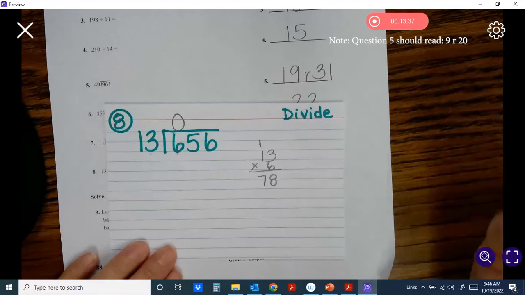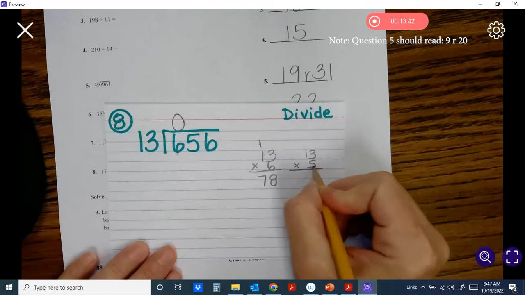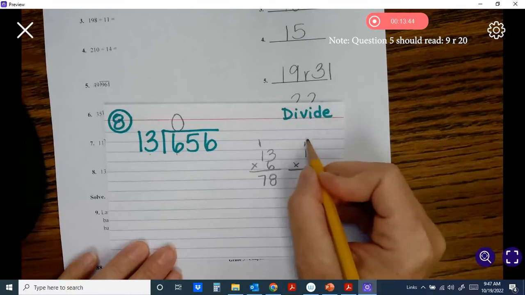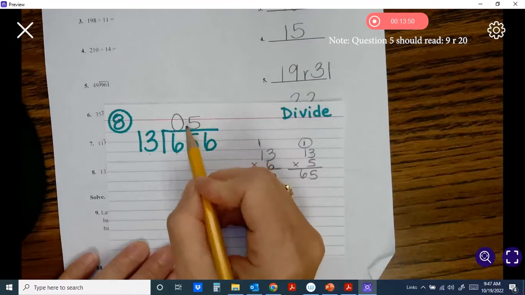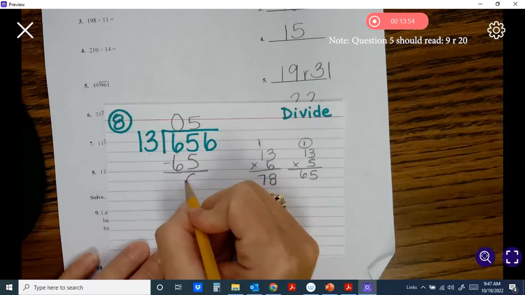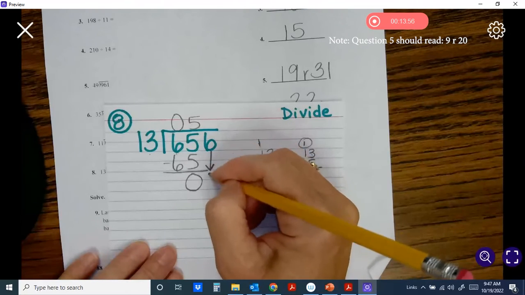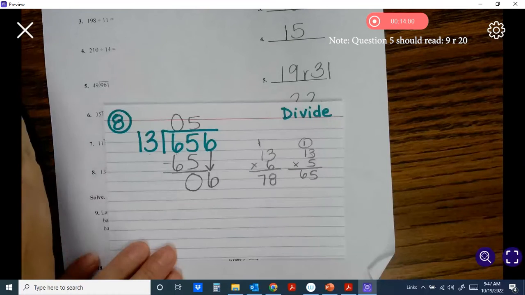Too high, so we're going to go down 1. 13 times 5, 15, carry the 1. 5, 6, 65, perfect. So we have 5, 65, subtract, we get 0. We bring down the 6. 13 cannot divide 6.